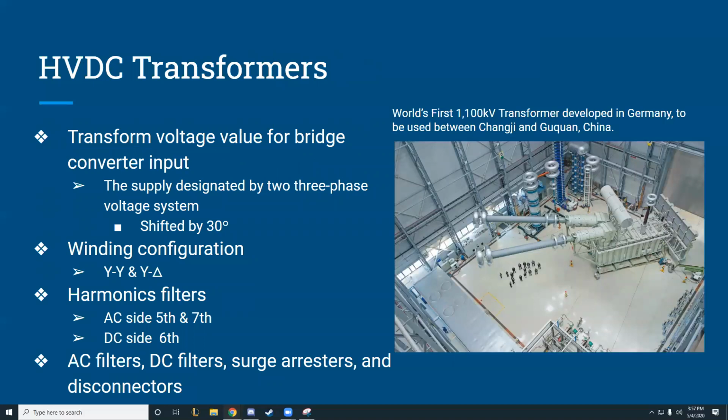High voltage DC transformers are the main supply voltage value for the bridge converter input and are designated by two three-phase voltage systems shifted by 30 degrees, and it uses two types of winding configuration, Y-Y connection and Y-delta connection, to make it possible to eliminate the 5th and 7th harmonic from the AC side and the 6th harmonic from the DC side.